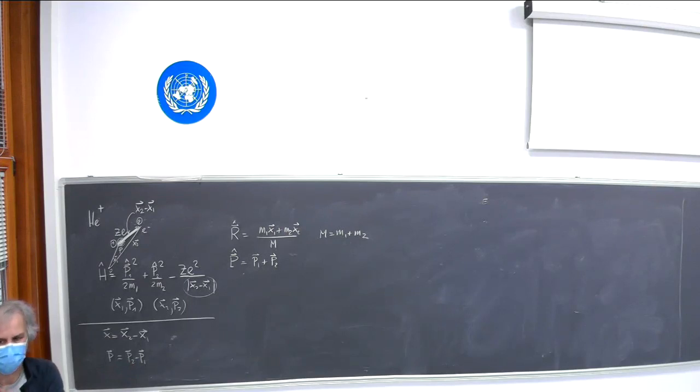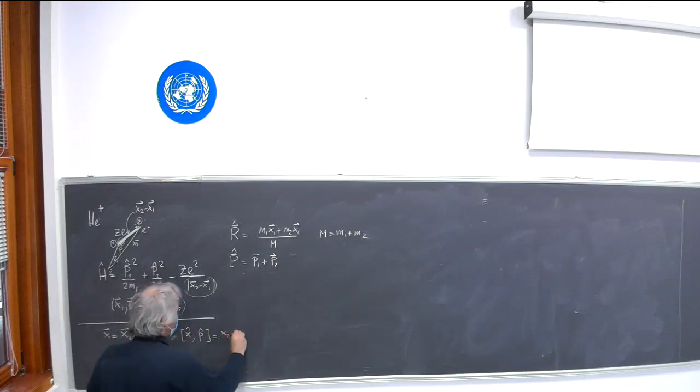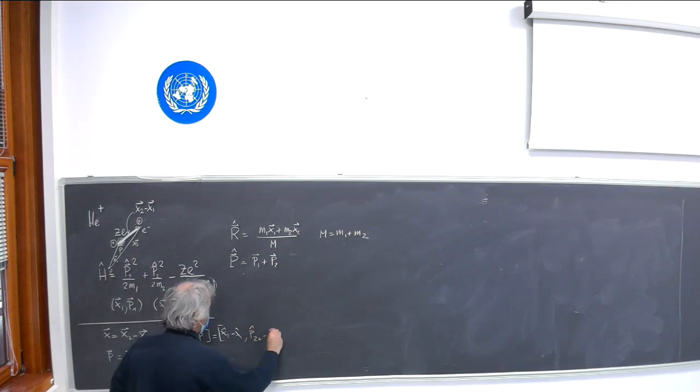It's a relative momentum. So the actual interesting property that you should have is that it is canonically conjugate to this. And it's very simple to show that this commutator with that is not i h bar. Look, X commutator with p: this is X2 minus X1 commutator with, say, P2, I mean X component, minus P1 X component.